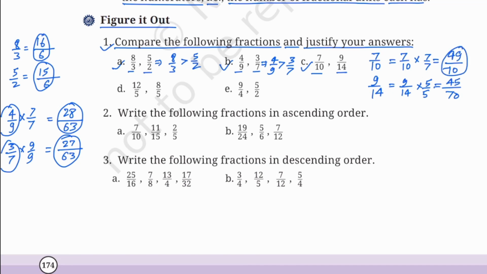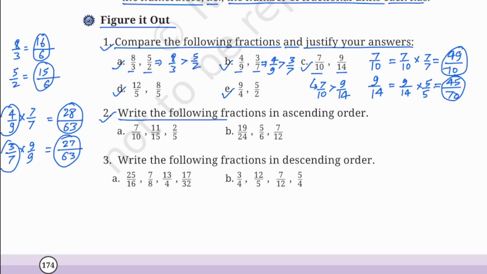You can see 49 upon 70 is larger than 45 upon 70. So you can say 7 upon 10 is larger than 9 upon 14. Similarly, you can do D and E.